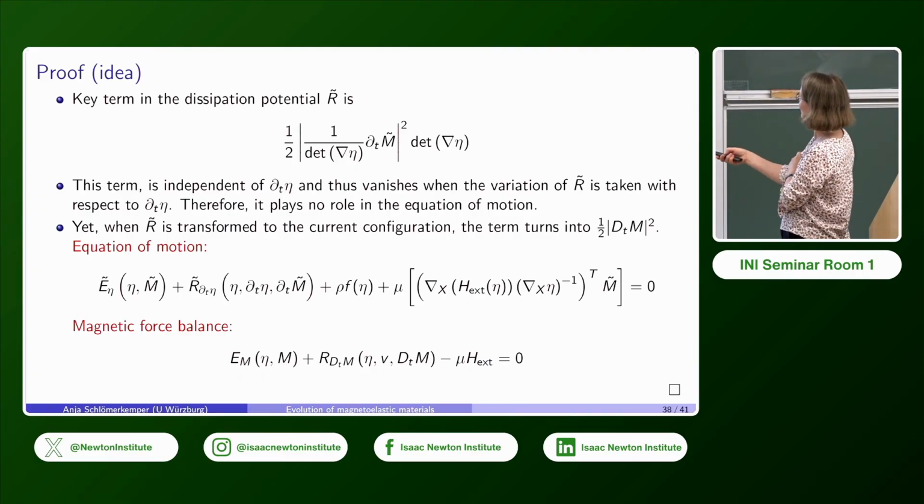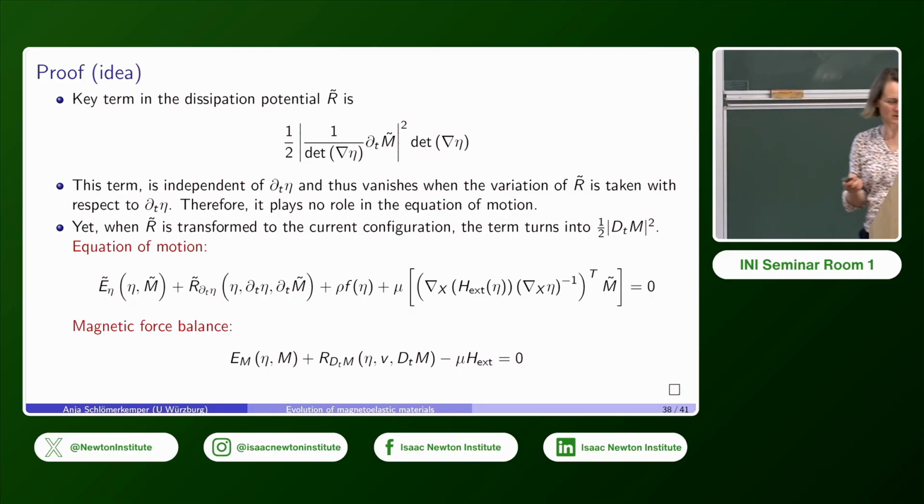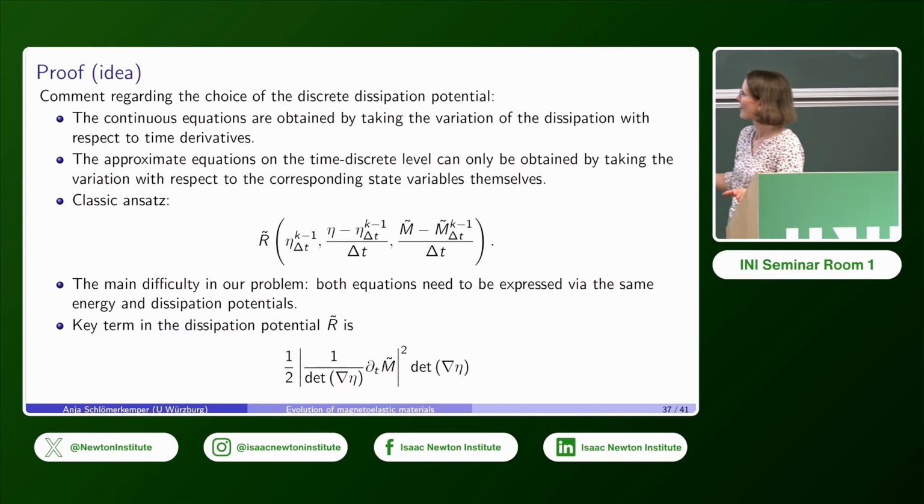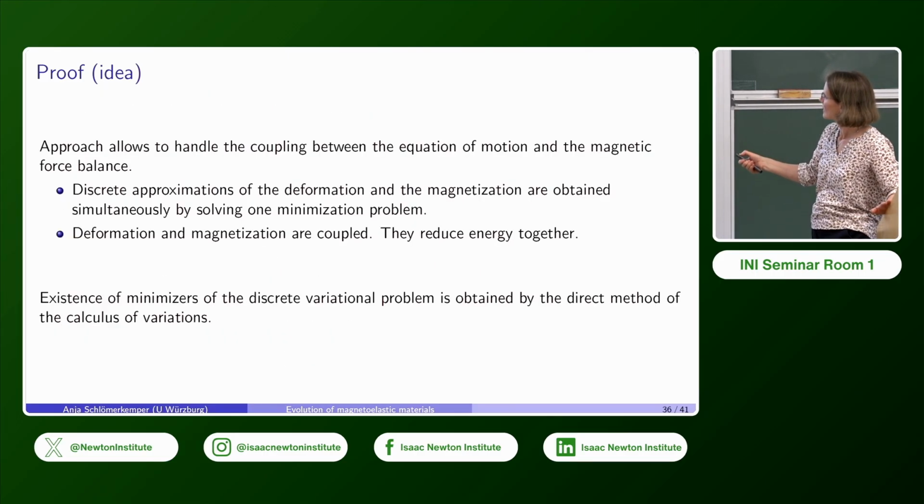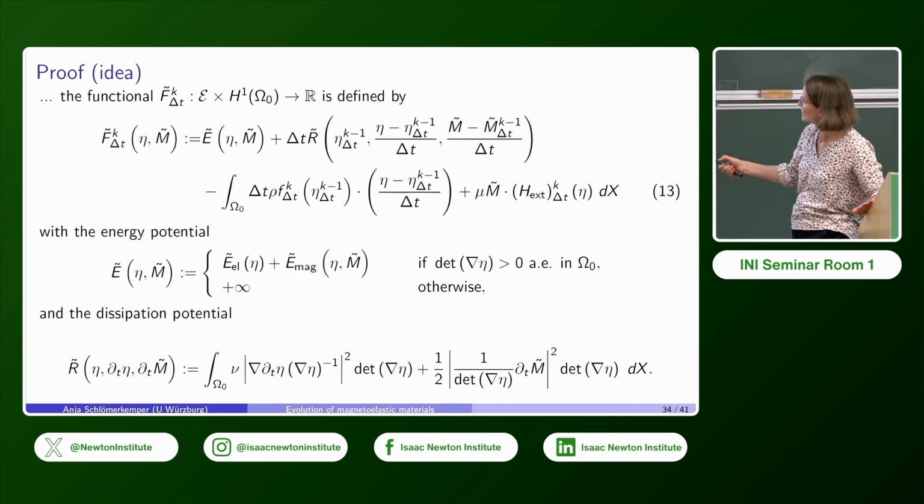Let me mention this. When we look at the dissipation potential R tilde, this term, as I've just said, doesn't matter. And for the other one, here, this is just giving us the contribution that we are used to from the Newtonian fluids. That's just the standard.